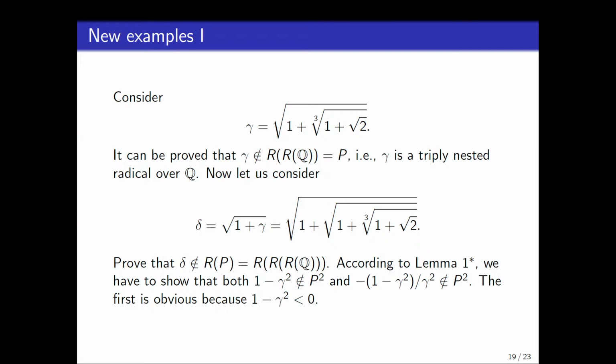Okay, and more examples. Again, let's consider the radical gamma. We go further and increase the nesting depth so that we now have delta, which is a radical of depth 4. Again, it is possible to show that delta cannot be simplified.